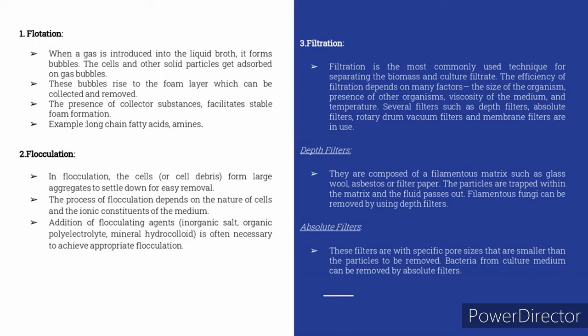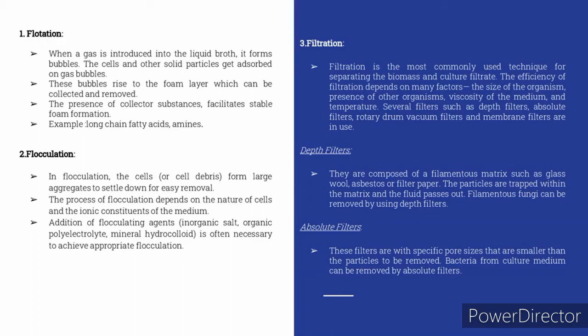So, flotation is a mechanism in which a gas is introduced into the liquid broth, leading to the formation of bubbles. And now the cells and other solid particles will get adsorbed onto the surface of the gas bubbles. Now, since these gas bubbles are going to rise to the topmost foam layer, these bubbles can be collected and removed. Presence of certain substances called the collector substances will help in stable foam formation.